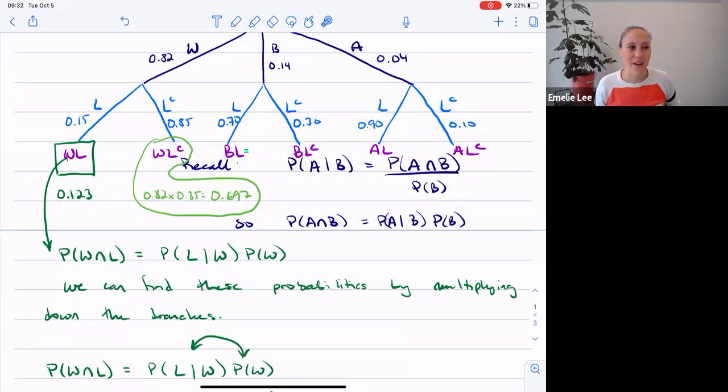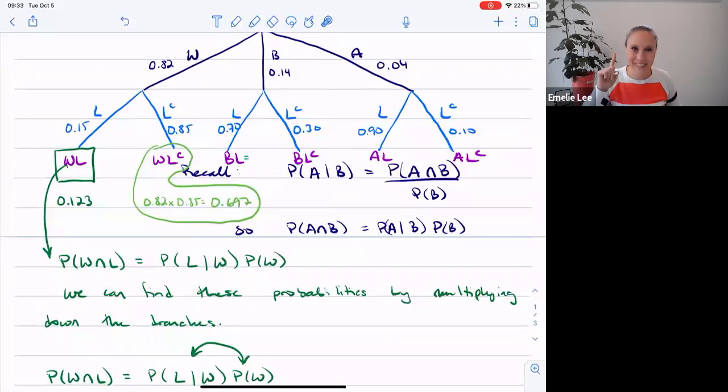But good catch, because these two probabilities don't add to 1. But these probabilities, if you're white, then you're either lactose intolerant or you're not. Those have to add to 1. So it's a little bit tricky, but you're ahead of me. These ends of the branches all have to add to 1, and we will check that.